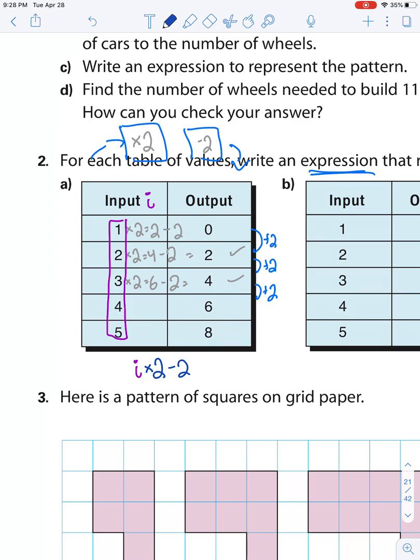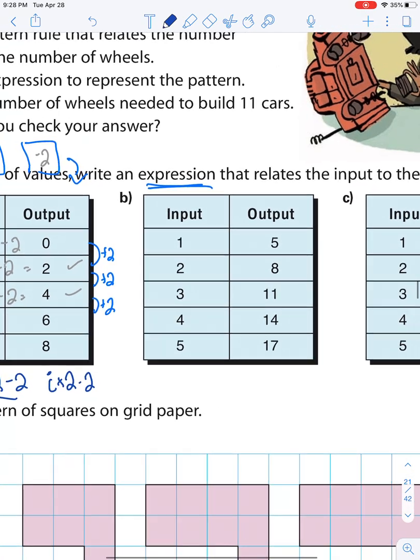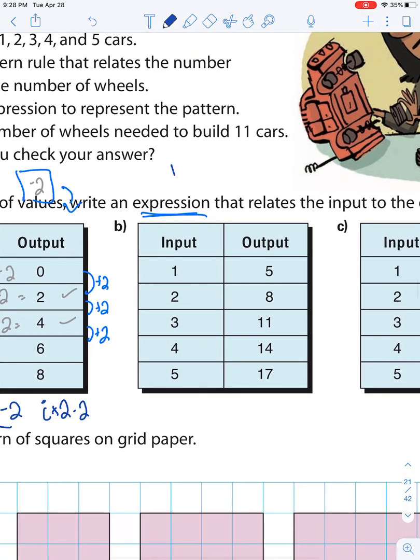I'd also like you to write this one down because you might see it written in different ways. 2i minus 2. This is going to be the most traditional way that you're going to see the expressions written, but this is also true, or I times 2 minus 2. Those all count.